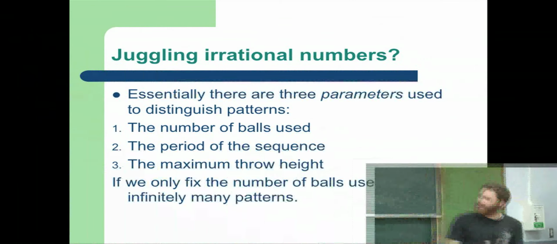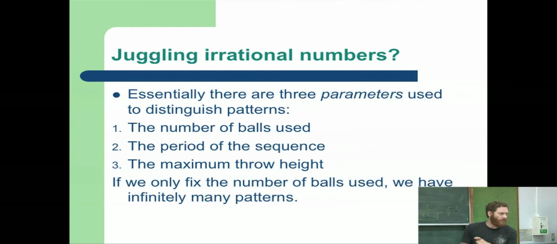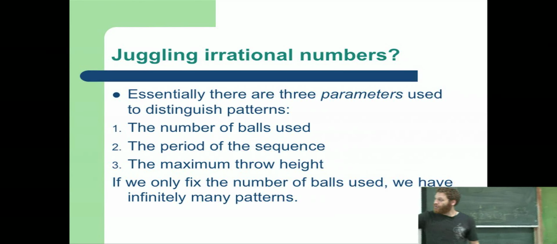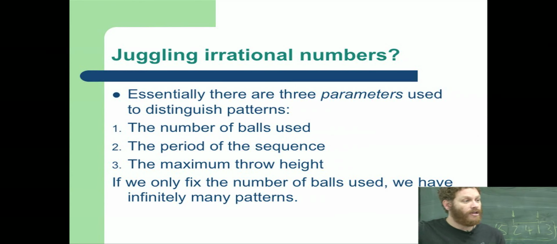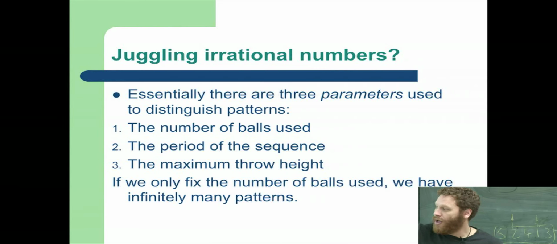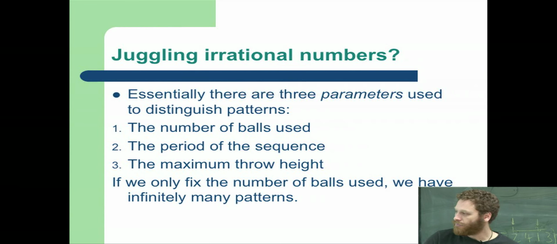Okay, so essentially there are 3 parameters, if you like, that are used to distinguish juggling patterns. There's the number of balls that are used, there's the period of the sequence, or in other words, the length of the string, and there's also the maximum throw height.